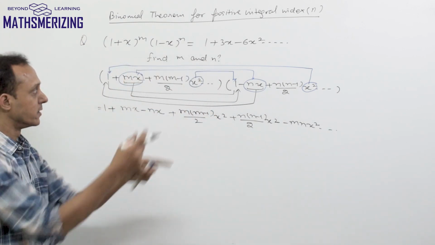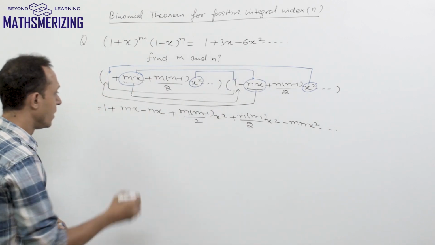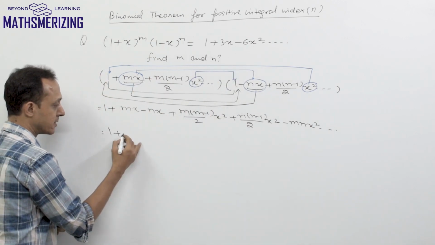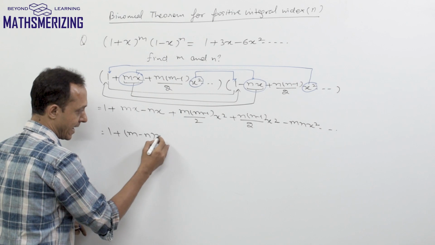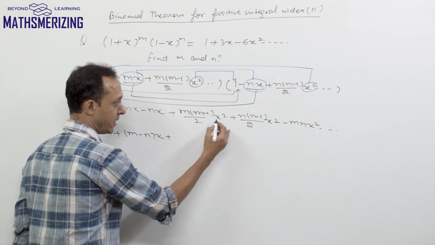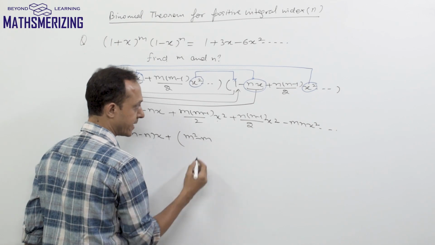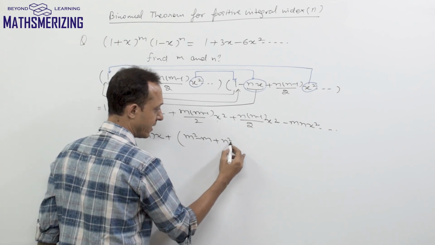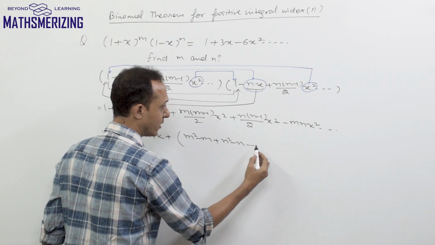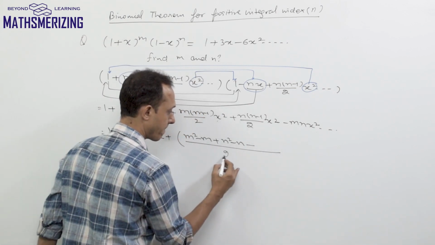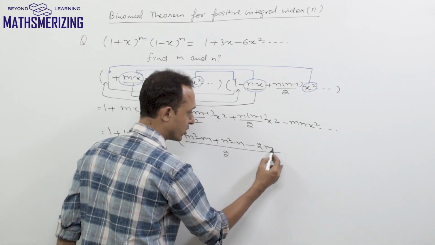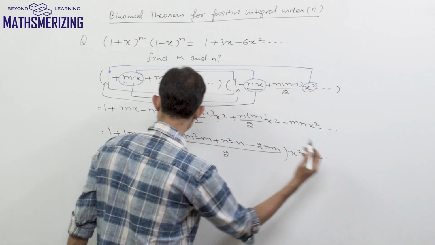So I'll ignore all of the higher terms because they're not given in the question, right? So I can simply write it as 1 plus (m minus n)x. Now here I'll take x square common, so I'll write m square minus m plus n square minus n, and I'll take 2 as LCM, minus 2mn, into x square.